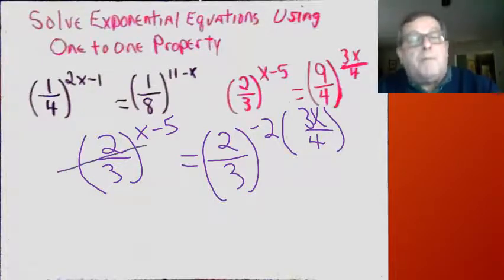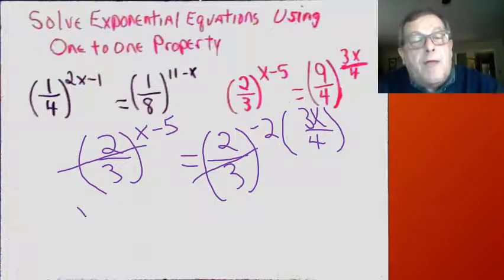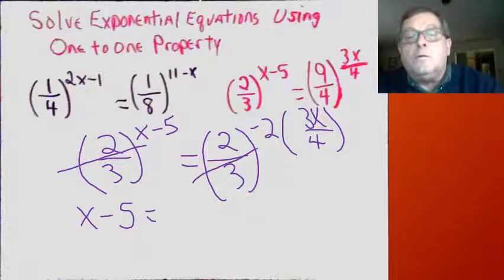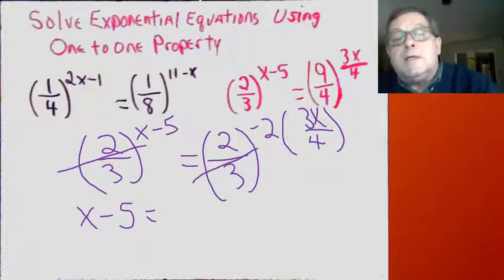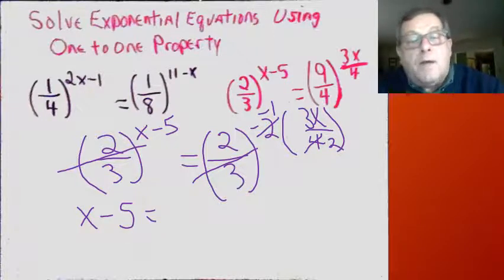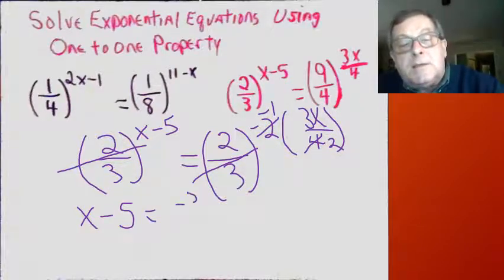Okay, well, at least I can get my bases canceled. So now I've got x minus 5 equals, well, let's see, I can reduce that to minus 1 over 2, so now I've got minus 3x over 2.